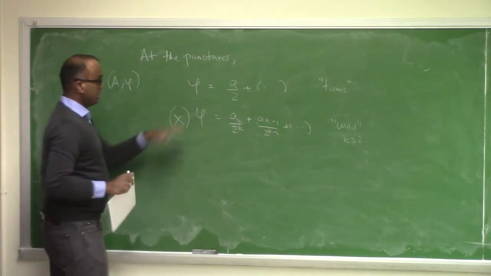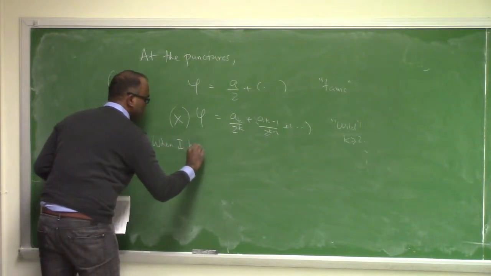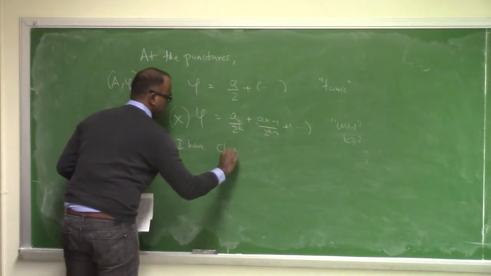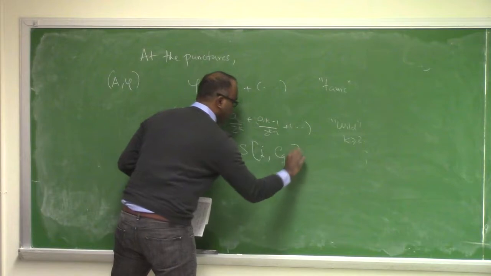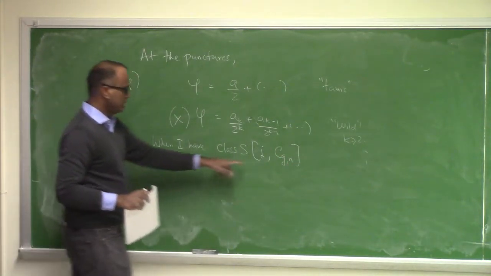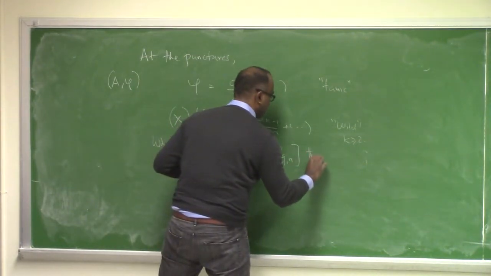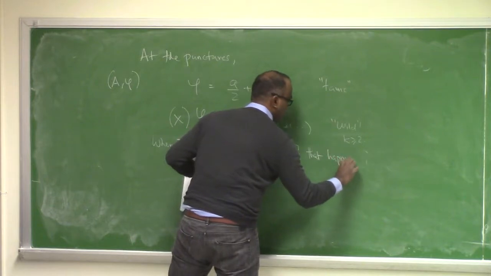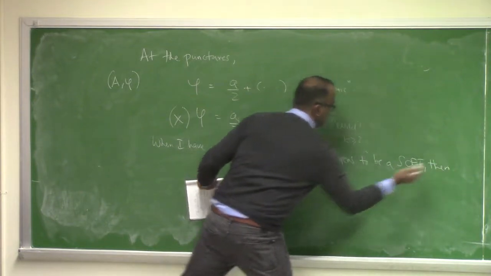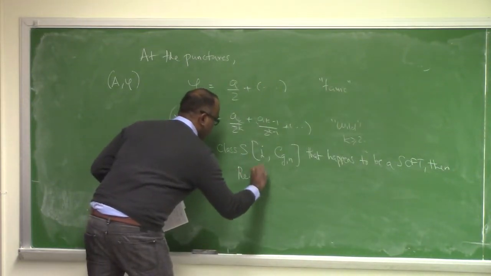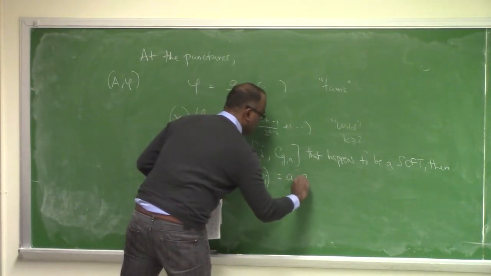So I have to tell you what the residue of the Higgs field is. When I have a class S theory, which depends on a choice of a Lie algebra and a punctured Riemann surface, and which happens to be a superconformal theory, then the residue of the Higgs field at each puncture should be nilpotent.